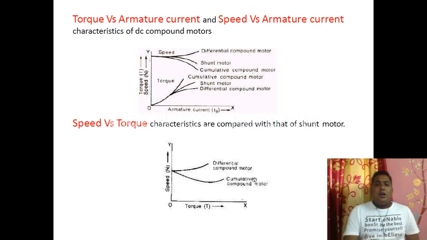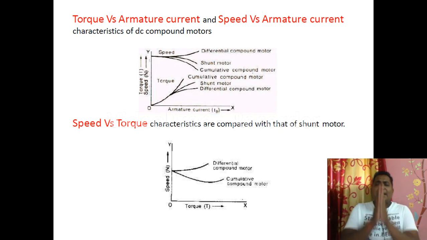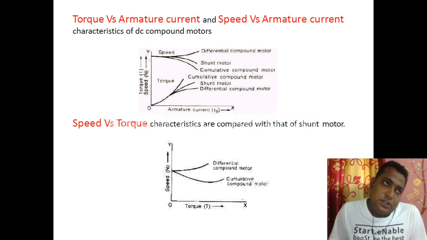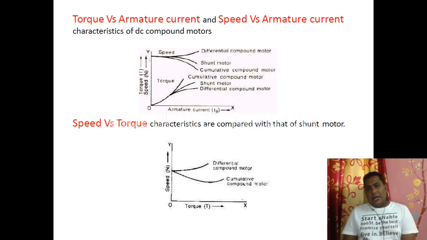So for speed versus torque, like this way, if we know the two characteristics of series and shunt, then we can draw the compound. Take torque versus armature current.